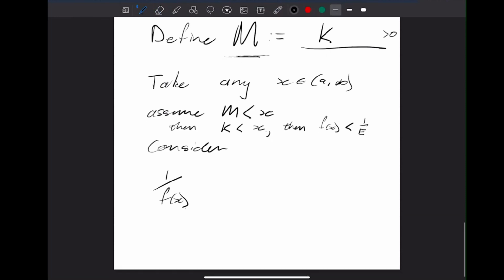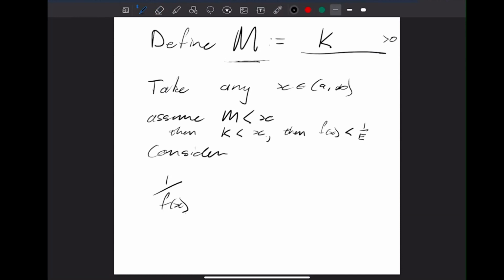And if f of x is less than 1 over E, then 1 over f of x is going to be, so if we think about it, e goes there, 1 over f of x is going to be greater than e. And that finishes the proof.